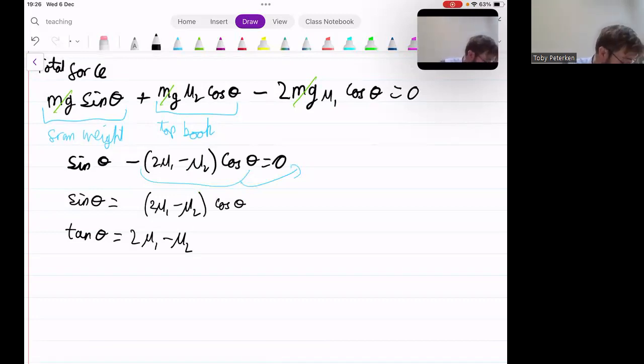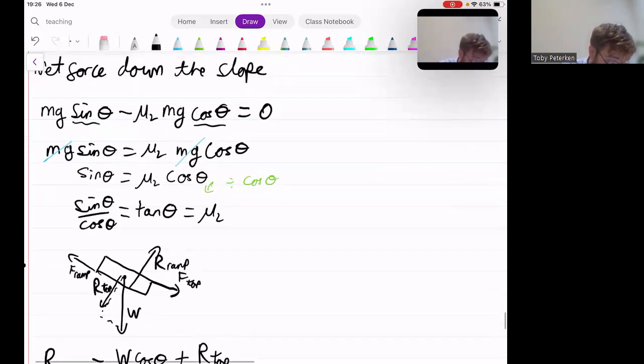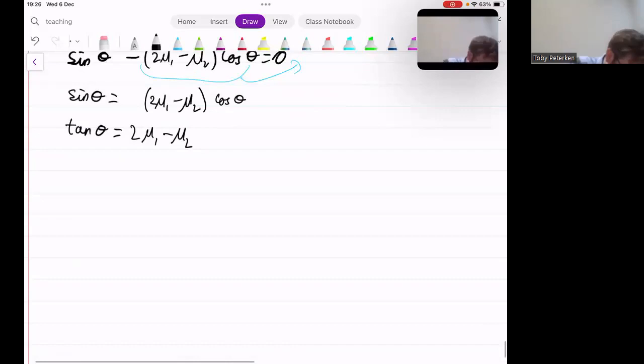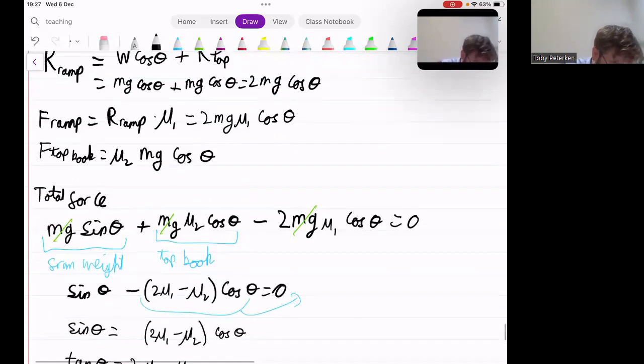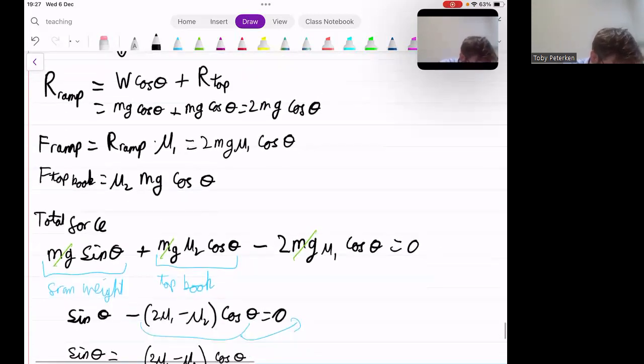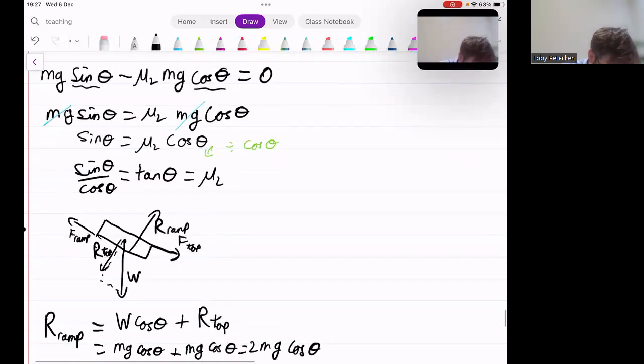So which of these slips first? The angle at which the top book slips is tan theta equals mu2.